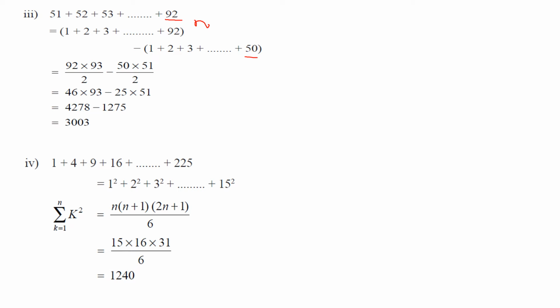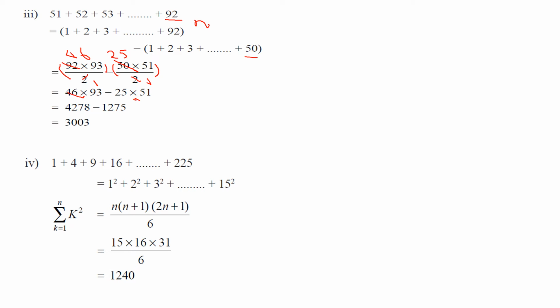You cancel 1. 4 2s are 8. 6 2s are 12. Here also you cancel, 1 2 is 2. This one is separate. Keep it in mind. Here cancel 2 5s. So 46 into 93 minus 25 into 51.